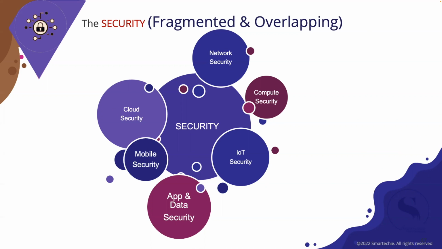Network security, cloud security, mobile security, IoT, app security, whenever you are uploading any apps or building any applications, there also security comes into the picture, and the data side of the house. And when it comes to computing, nowadays we have different kinds of application execution, like storage and compute, right?